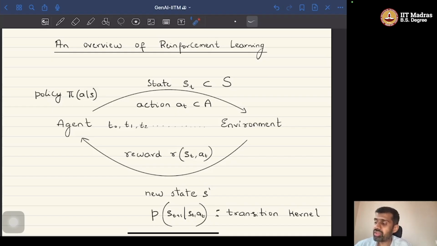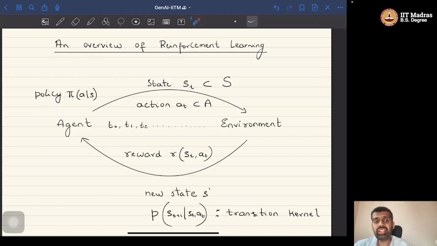Now, the possible states that an agent can be in come from a finite state space, and the possible actions that the agent can take come from an action space A. Now, at every time step t, the agent takes a particular action based on what is called a policy.